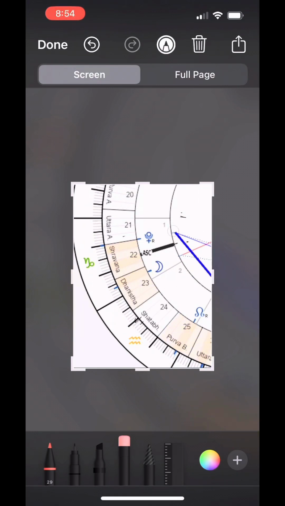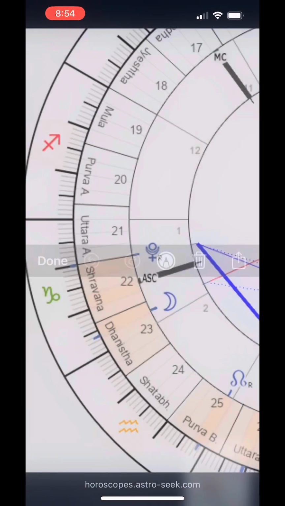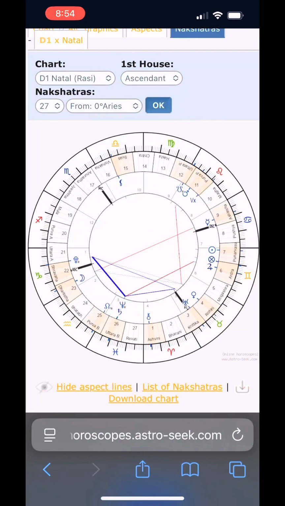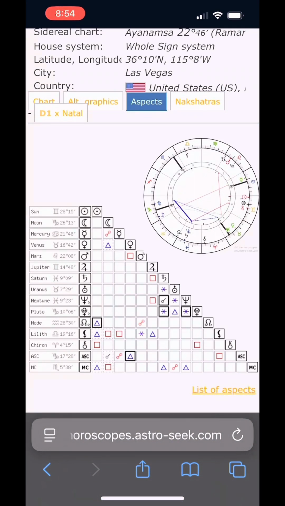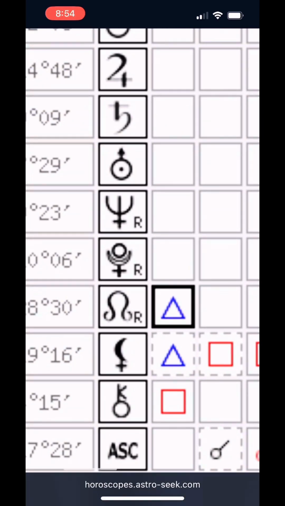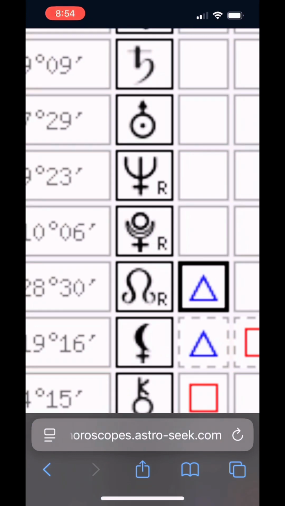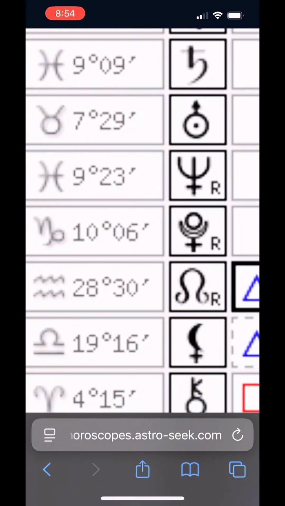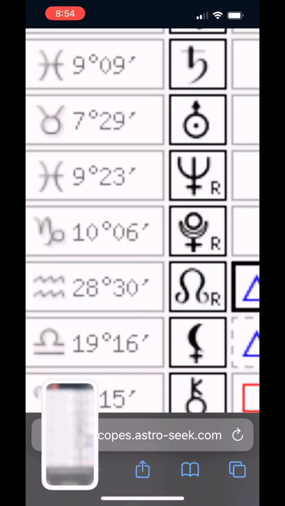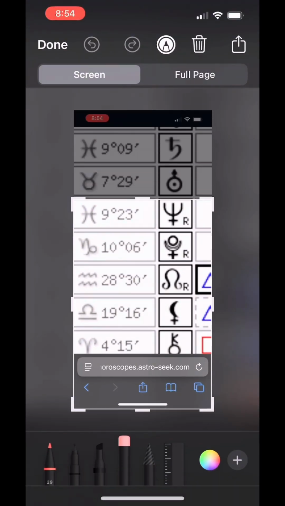These are lunar mansions or fixed star constellations, and they give a very descriptive understanding of what your planet is doing in that energy. And did we go into aspects? Oh, right here, see? Pluto, 10 degrees, 6 seconds, Capricorn. I'm going to highlight that.